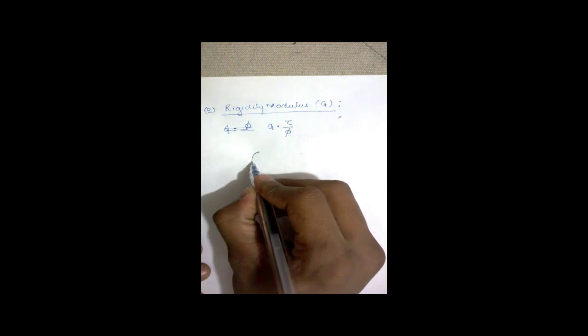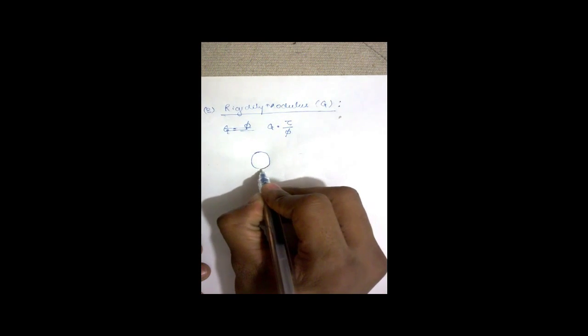Now we can understand the shear strain with respect to torsion too. Suppose there is a circular bar subjected to torsion.